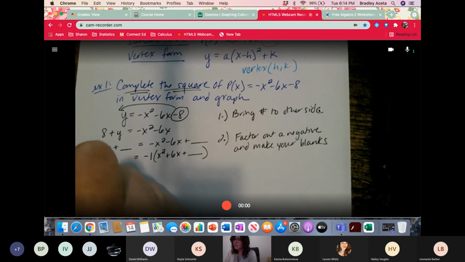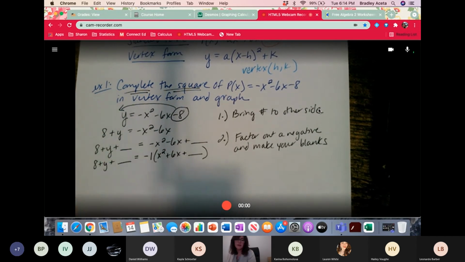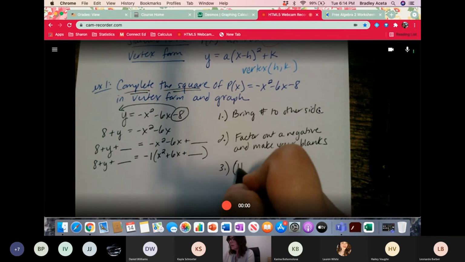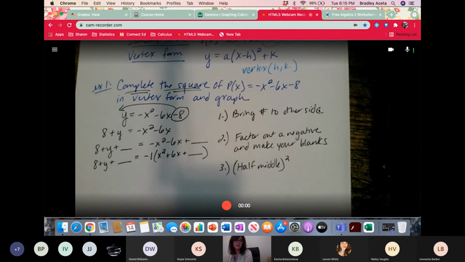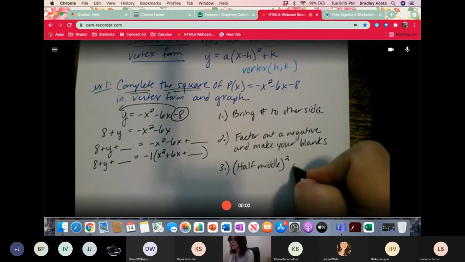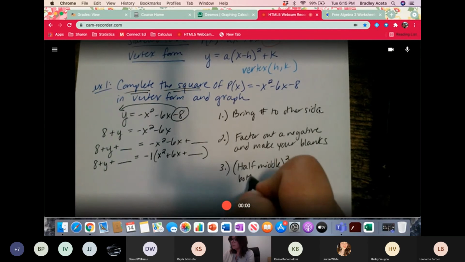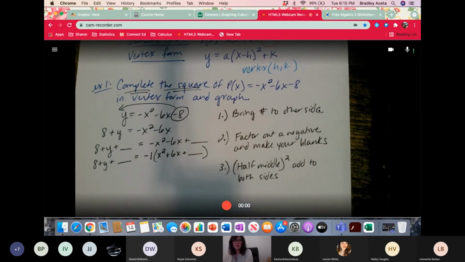Now, if you remember from your days of high school how to complete the square, it's very easy. You take half of the middle, and you square it. And that's what goes in the blank. And you add to both sides. Half of the middle term right here, 6x: half of 6 is 3.